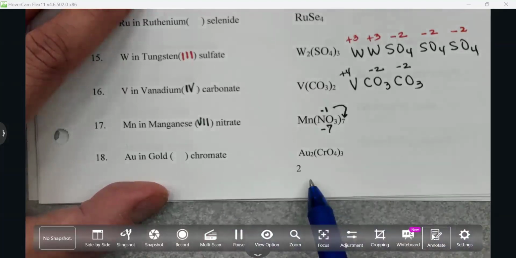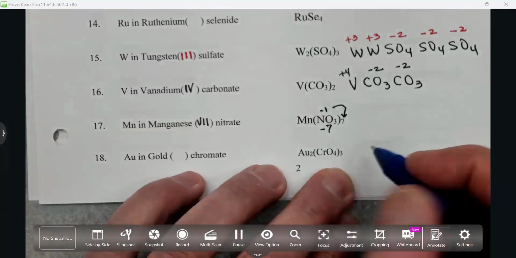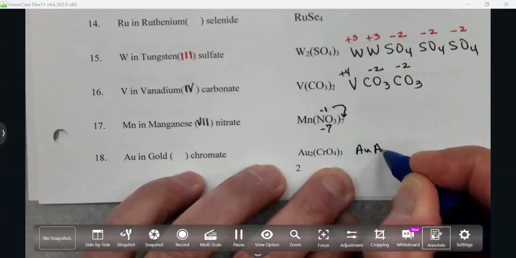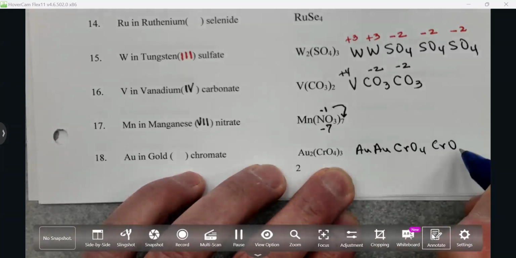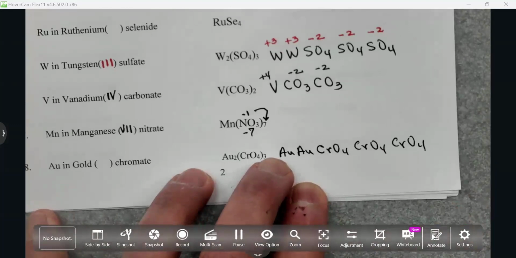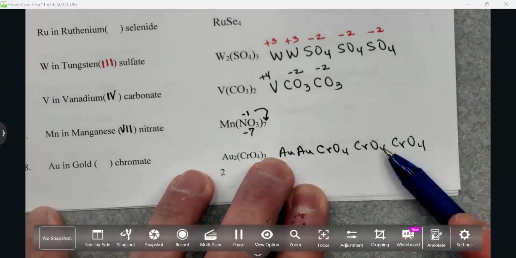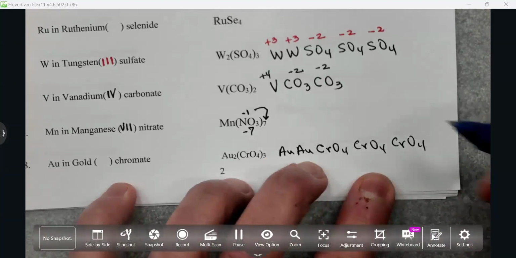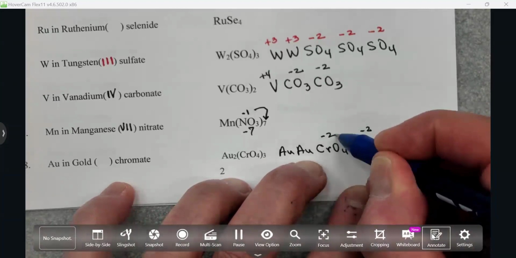We have gold chromate. So we have Au, CrO4, CrO4, CrO4, right? The oxidation state of chromate is -2, -2, -2.